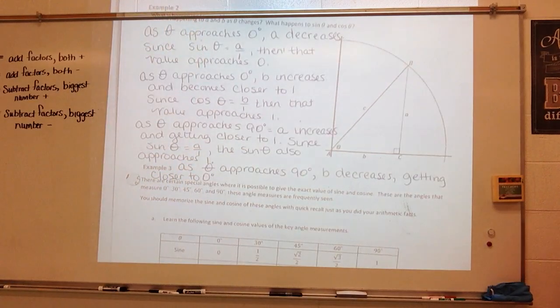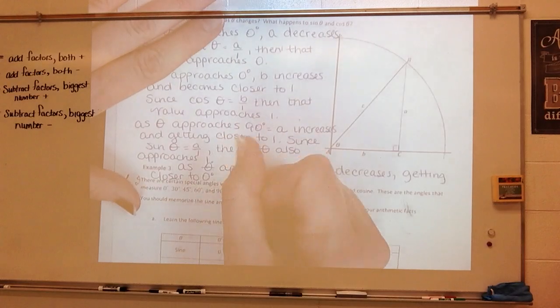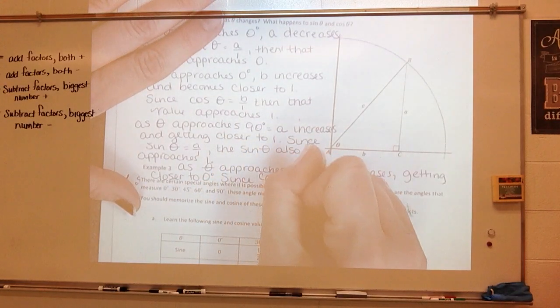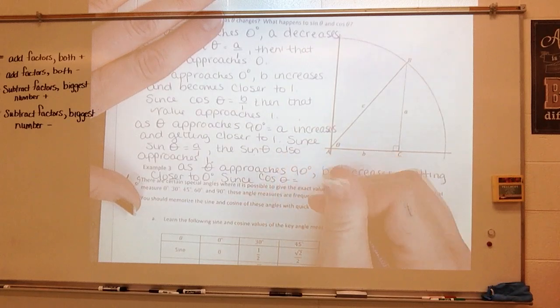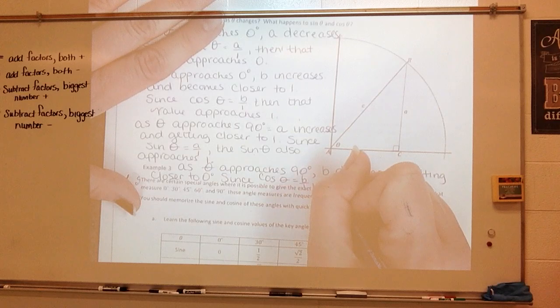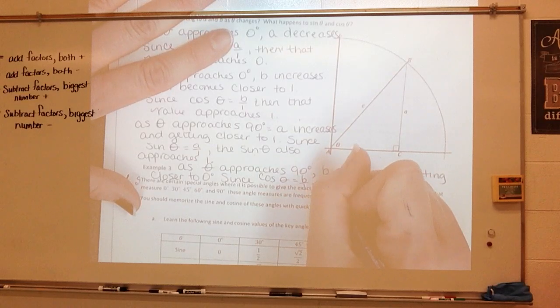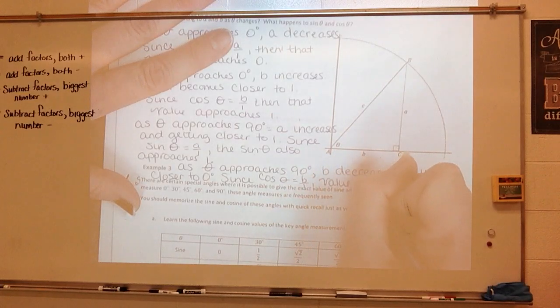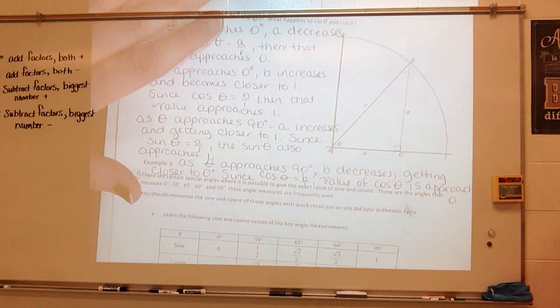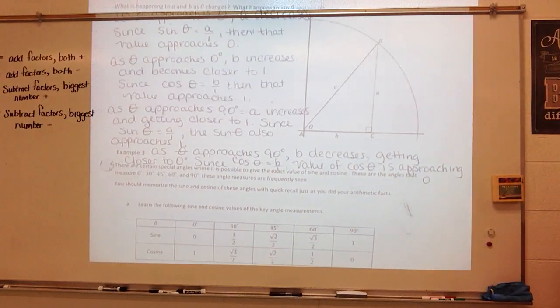So since the cosine of the angle is equal to b over 1, the value of the cosine is approaching 0. Now I kind of ran out of room there.